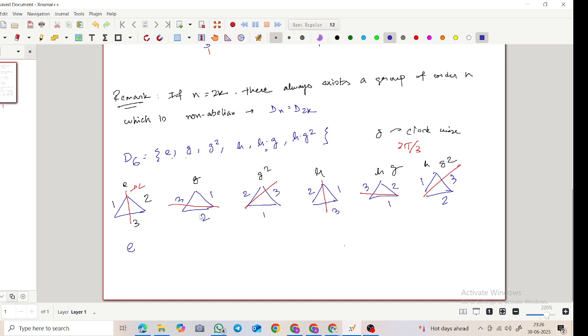Can you see what has it done? It has sent 1 to 2, 2 to 3, and 3 to 1, right? So let's write it down by 1, 2, and 3. Clear? Now look at this thing. What has it done? It has sent 1 to 2, right? 2 to 3.